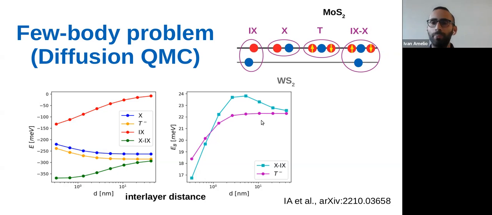Also, one can compare this with the energy of the trion, where we do not have an interlayer exciton, but we just have an electron in the bath. And then one sees that the two energies are close, but in principle different. This difference is typically larger than the linewidth of good samples, so it can be resolved in experiments.